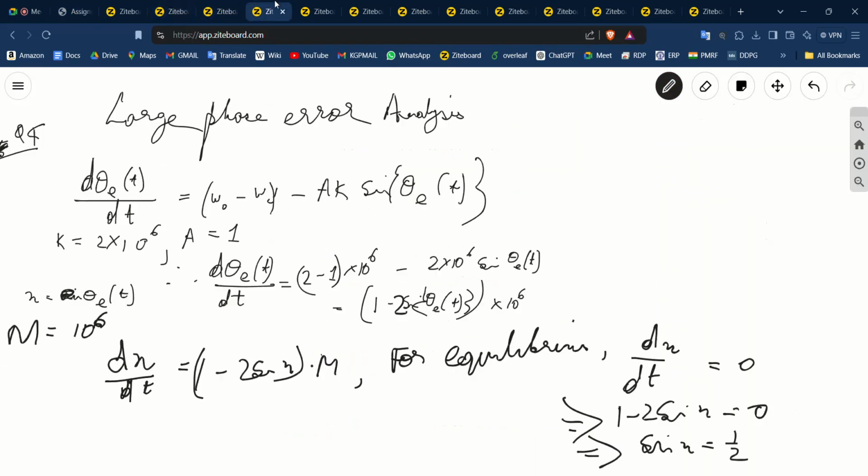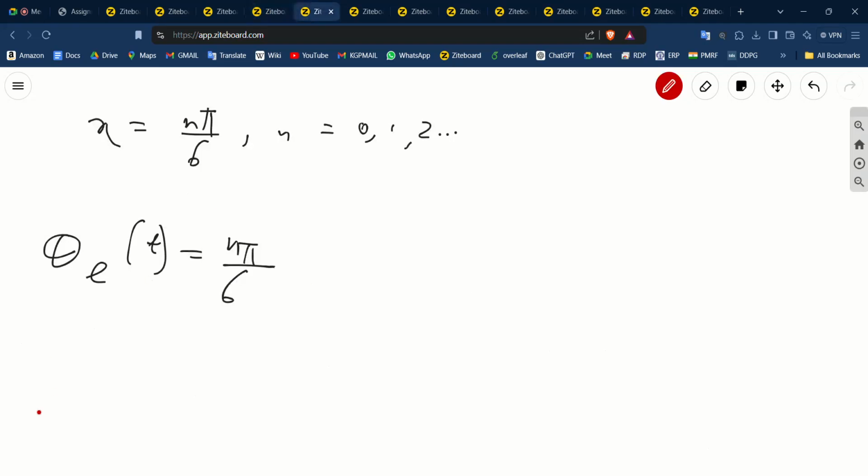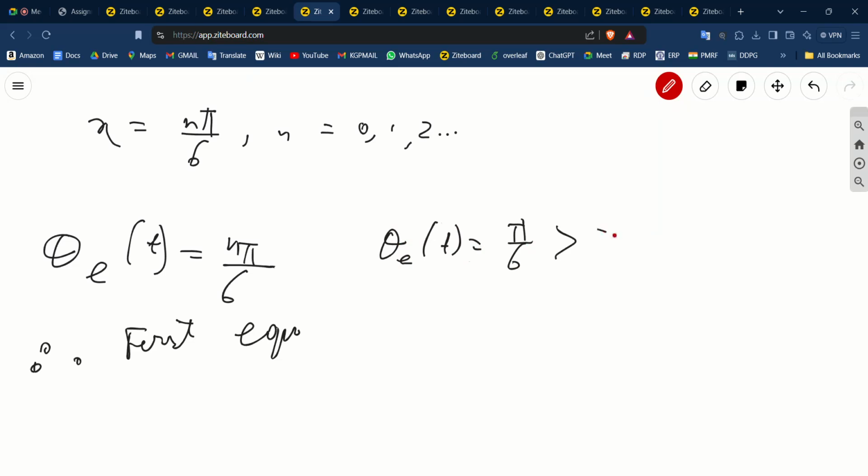Now, therefore, since the initial point is pi by 12, theta e(t) equal to pi by 6 is a valid solution as pi by 6 is greater than pi by 12. If this was something else, say pi by 3, then pi by 6 wouldn't have been greater than pi by 3.